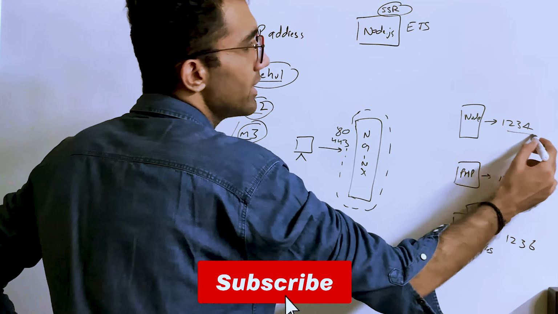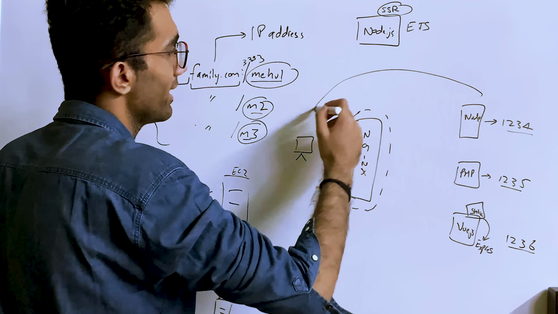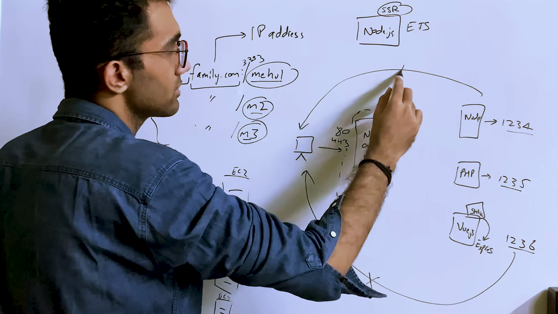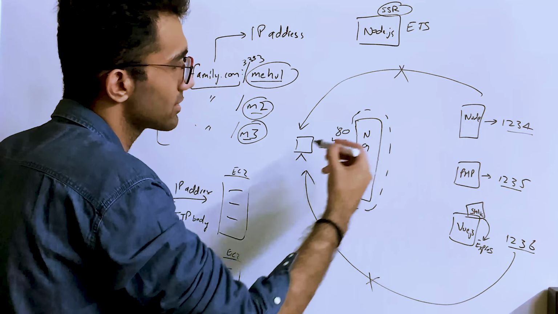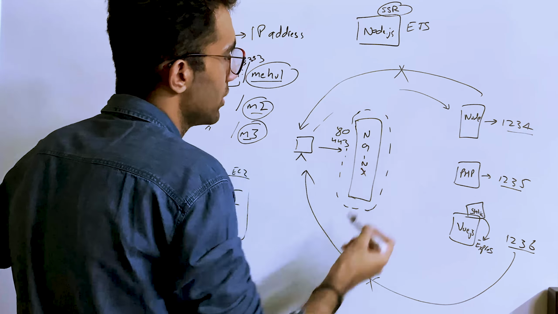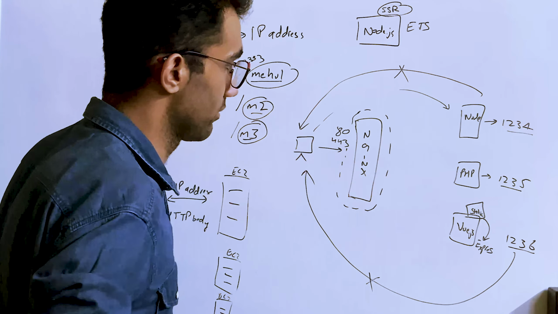So you see, these applications are listening on ports which are not accessible via the internet, right? Ideally, if they were accessible, you could just write port number 1234 and bypass Nginx, but that's bad for security as well as for getting this infrastructure ready.